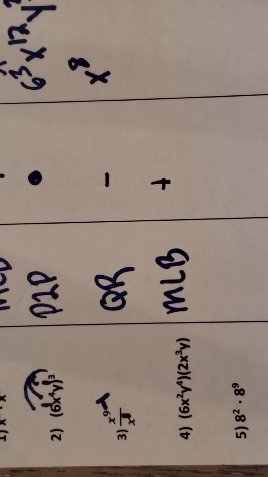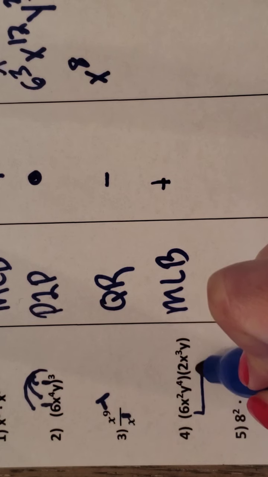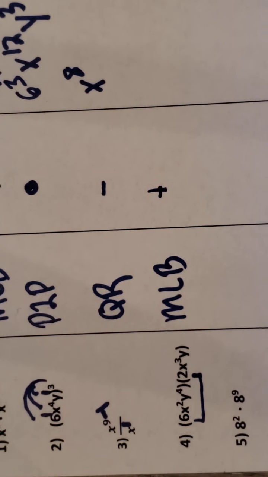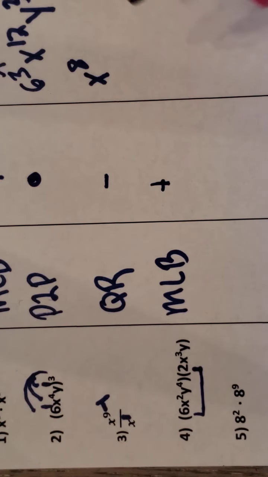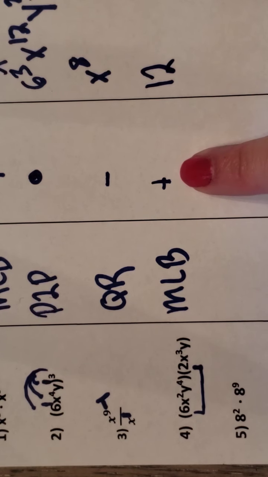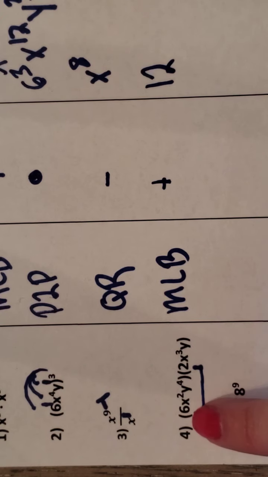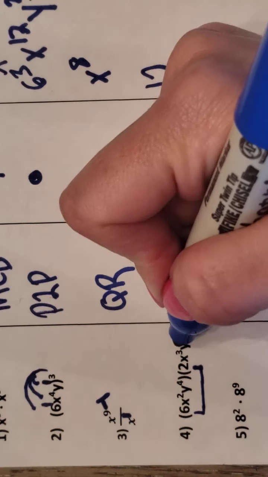In this case, unlike number 1, we do have constants we have to take care of. But if you look at your cheat sheet, we know that when we have constants, what do we do to them? We multiply. So 6 times 2 is 12. Now add your exponents. Do I have to put ones anywhere? Yep.